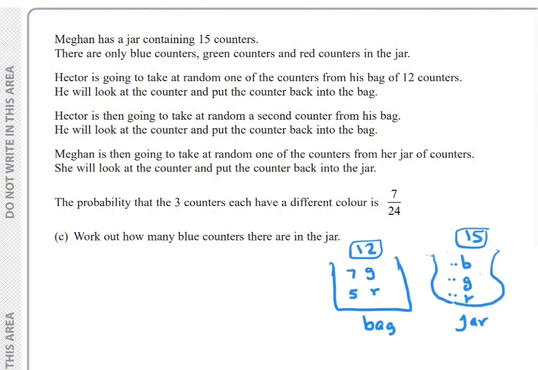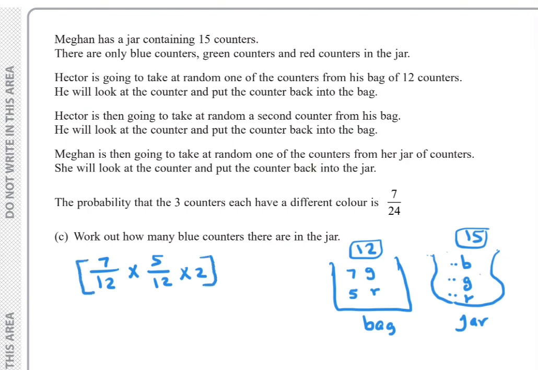So the probability that the 2 counters from the bag are 1 green and 1 red: 7/12 for green and 5/12 for red, multiply by 2 because the order does matter. Maybe the first green and second red, or the second green and the first red.